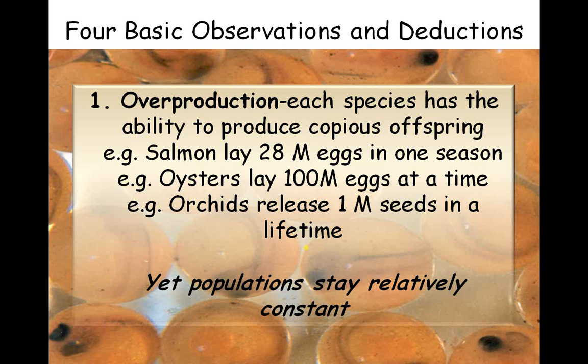Oysters, 100 million eggs at one single time. An orchid can release 1 million seeds in one lifetime. Each species is capable of overproduction. Yet, why are we not overrun by these species, by all these individuals? What Darwin saw was that populations stay relatively constant.